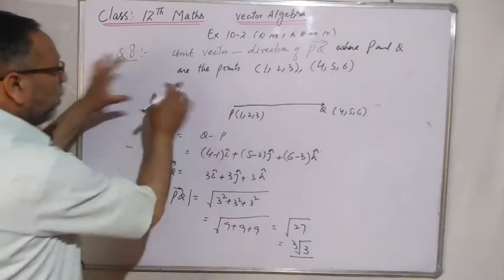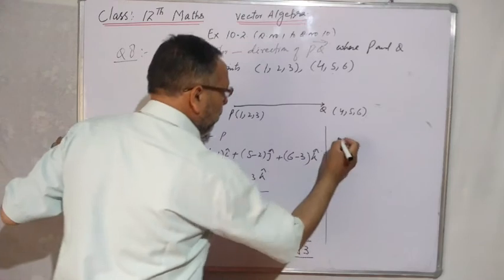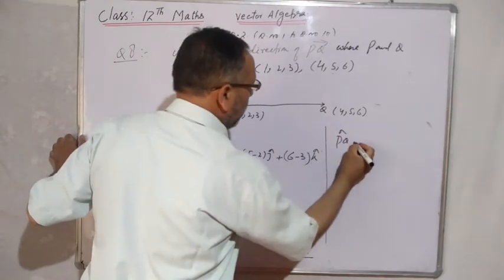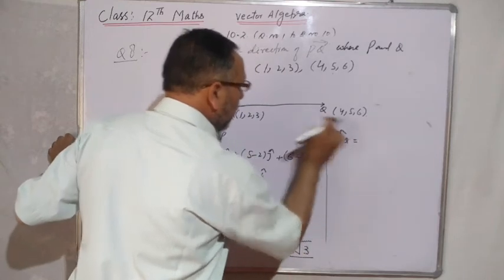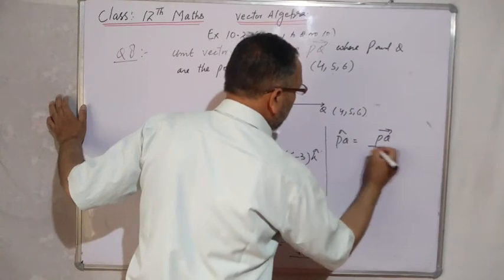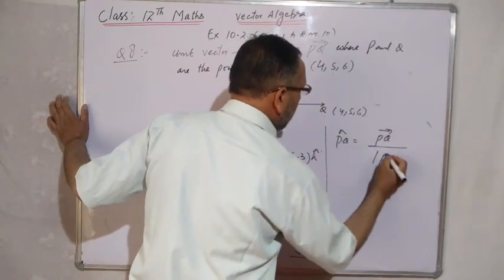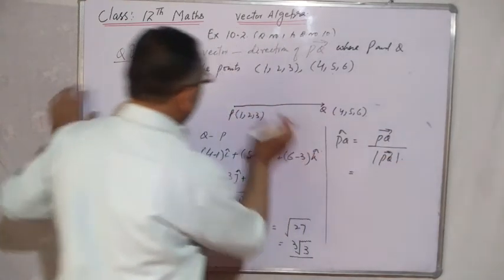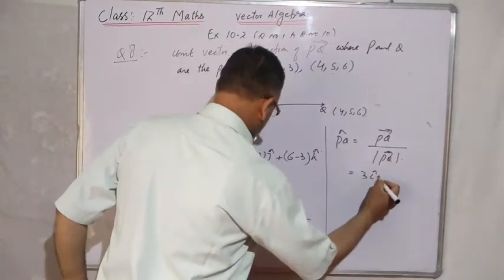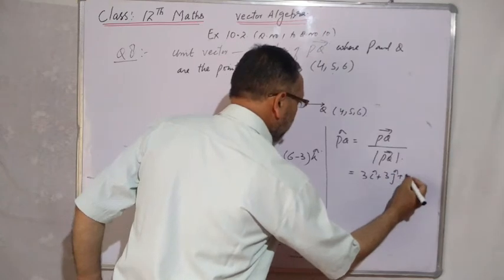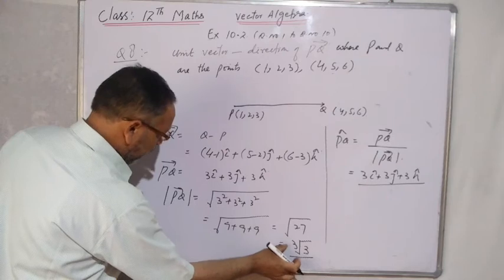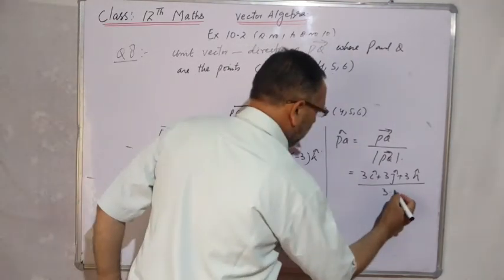Now find the unit vector. PQ cap, the unit vector of PQ that we have to find, will be vector PQ divided by magnitude of vector PQ. Vector PQ we have is 3i cap plus 3j cap plus 3k cap, divided by magnitude of vector PQ, that is 3 under root 3.